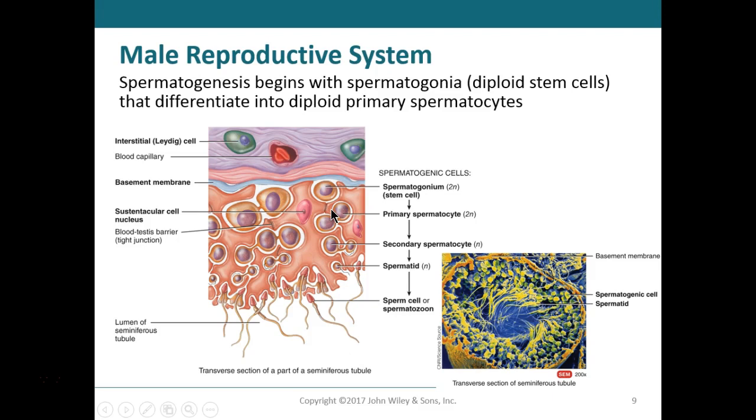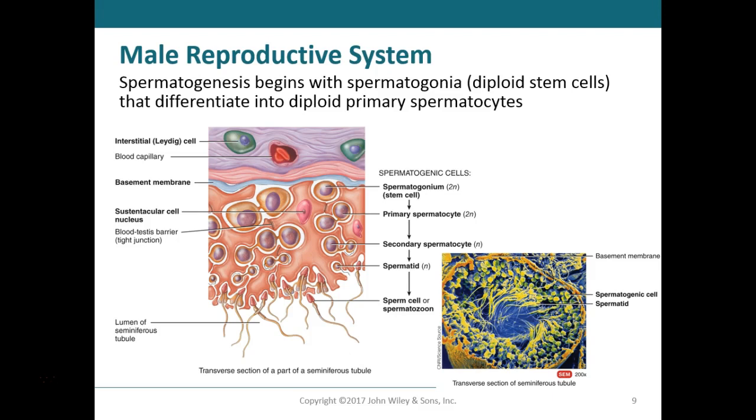Between the sustentacular cells, you have these really tight junctions that join the neighboring sustentacular cells to each other, and they form an obstruction known as the blood-testis barrier, because substances first have to pass through the sustentacular cells before they can reach the developing sperm cells.